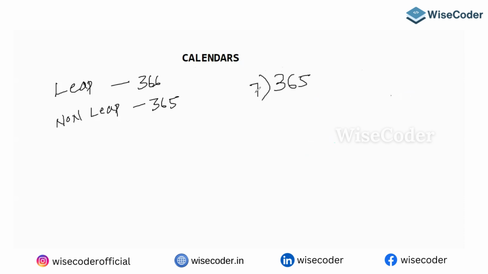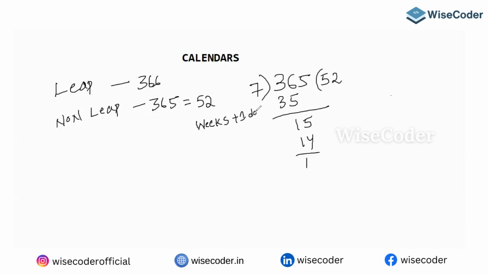A week consists of 7 days. 7 fives are 35, I am left with 1 and 5. 7 twos are 14, I am left with 1. So here you got 2 points: a non-leap year will consist of 52 weeks plus 1 day.